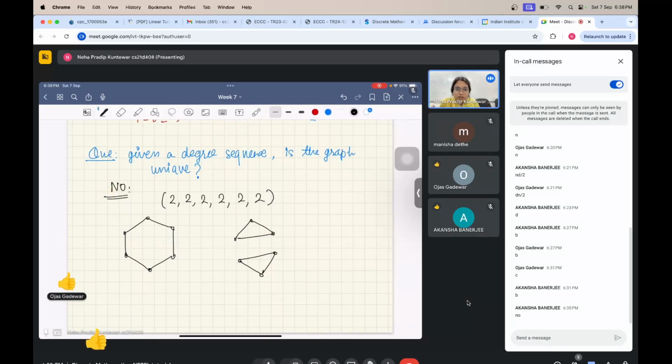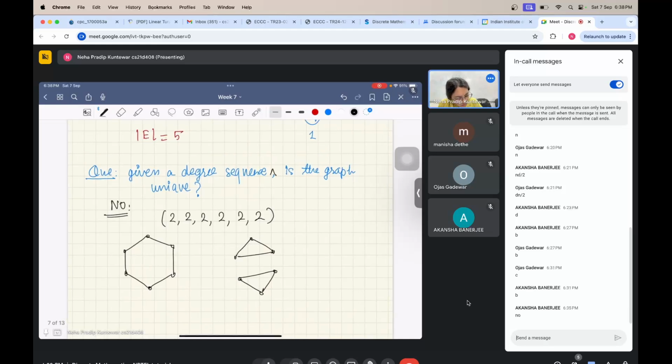Now the next question that I just want to pose, I have not thought about it. In this case, you have two different graphs for the same degree sequence, but if I ask you, is the connected graph unique?